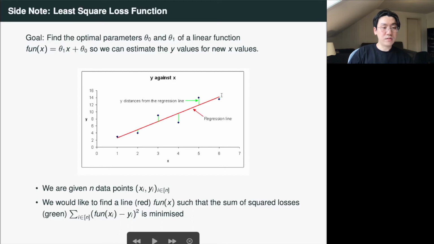This red regression line does not fit the training data points perfectly. For every data point, there is a distance between the y value from the training dataset and the regression line, which are represented as the green lines. The aim is then to find the regression line that minimizes the length of all green lines. In other words, minimizes the sum of the square losses.